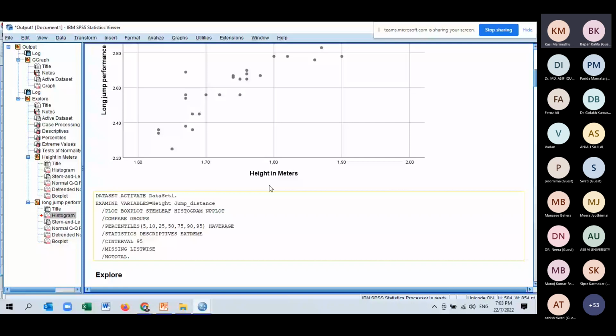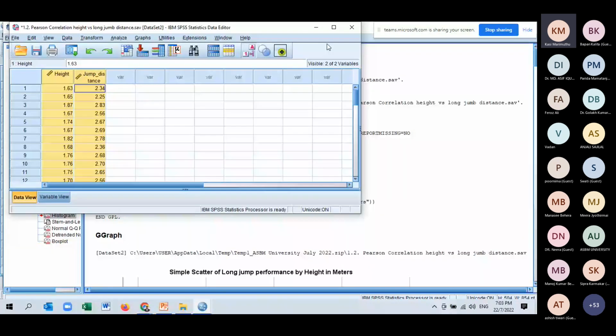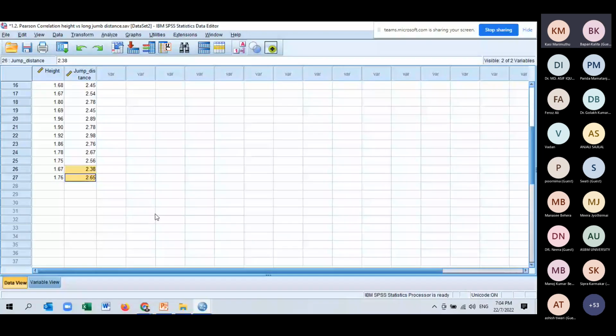For example, I will change one value here. I'll change two, three values here, the last two values. I'll change it to 4.45. I'll change it to 5, 8.5, suppose. Now you rerun.